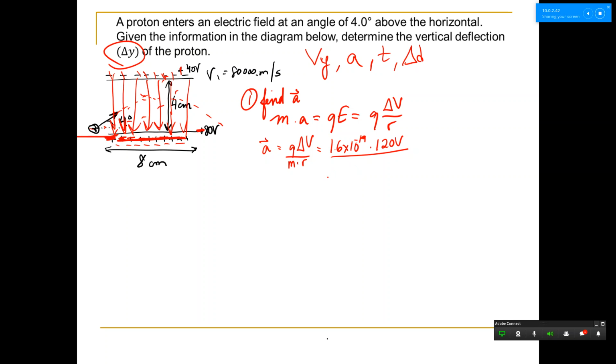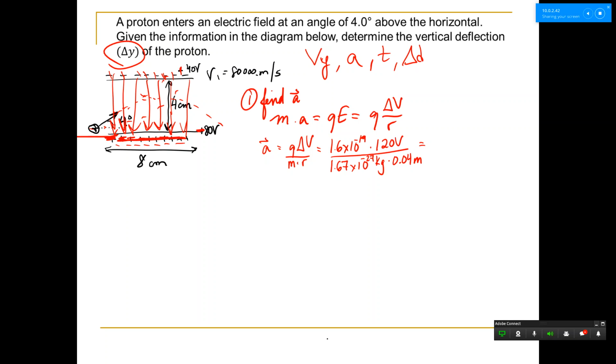The R in this case, what does that represent? 0.04 meters? Yeah, exactly. It's the separation of the plates. The delta V in this case, I wrote down that there's 120 volts.